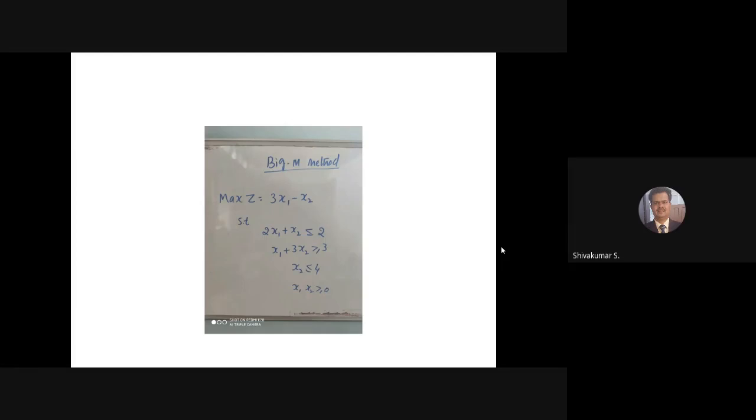Maximum z is equal to 3x1 minus x2, subjected to 2x1 plus x2 less than or equal to 2, x1 plus 3x2 greater than or equal to 3, and the third equation, x2 less than or equal to 4.